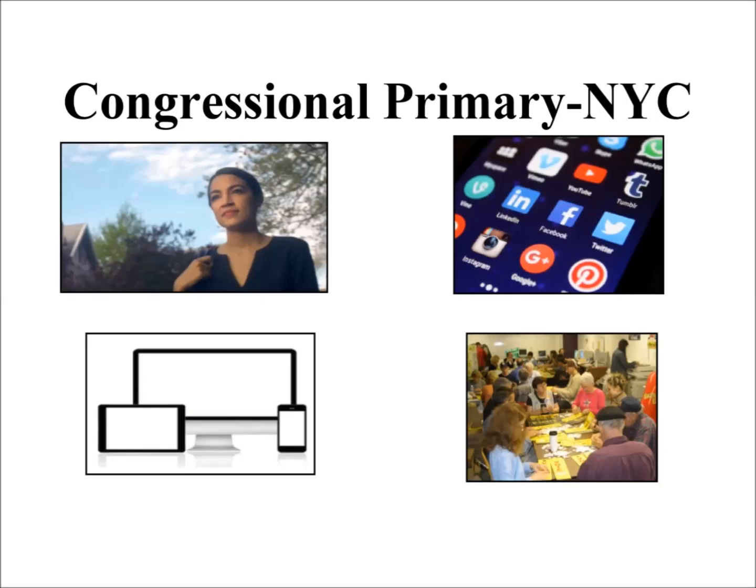She then used social media to share it and drive people to her website, where many volunteered their email address and phone number. They were then contacted by volunteers. The strategy worked. Her video was viewed 2 million times. She won the election despite being outspent 18-1.